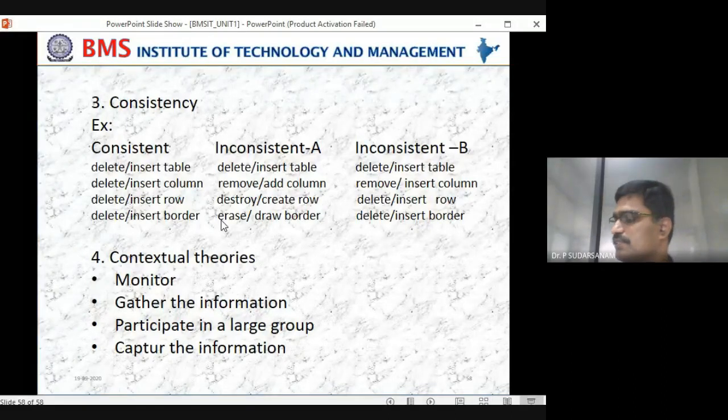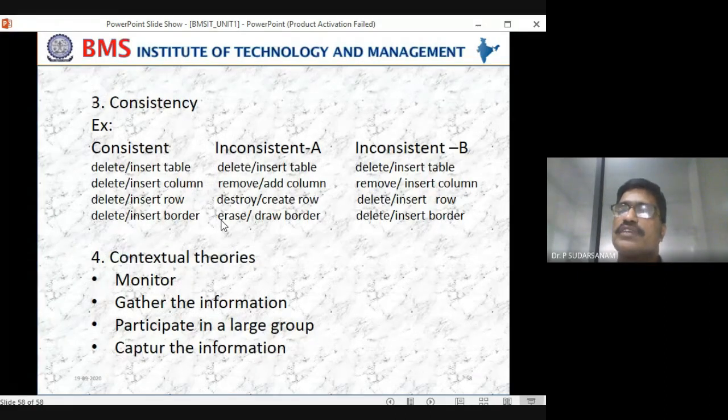Monitor is nothing but what you need to monitor for the particular items. For example, here they have taken the example of patients. They have to find the blood pressure, whether the patient has consistency or not.